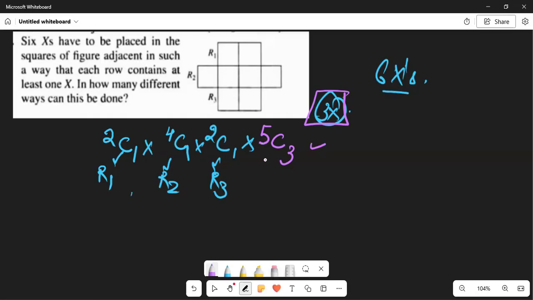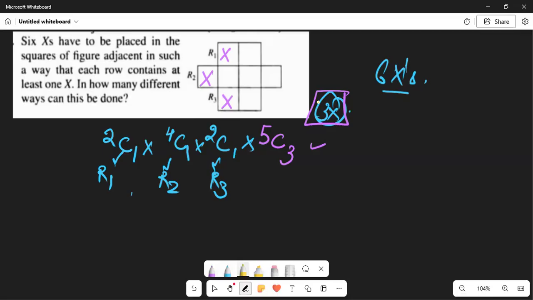So let me tell you, this is a very incorrect method of solving this question, because if you choose, for example, this position for R1, this position for R2, and this position for your R3, you place your x's.